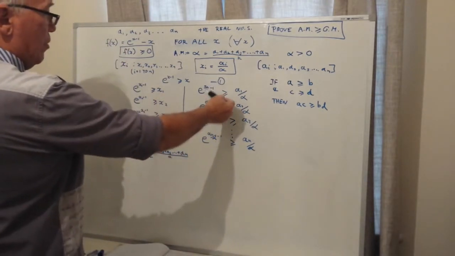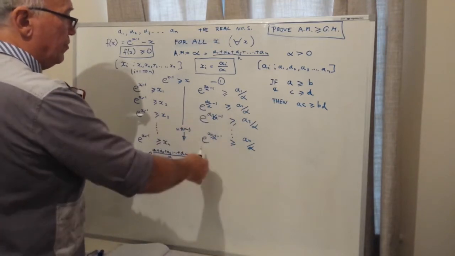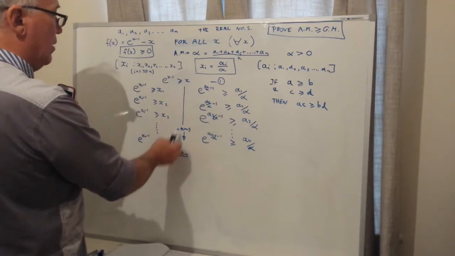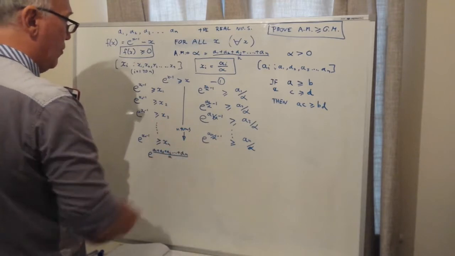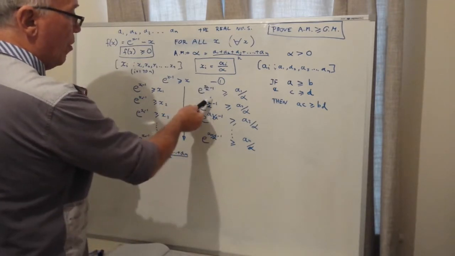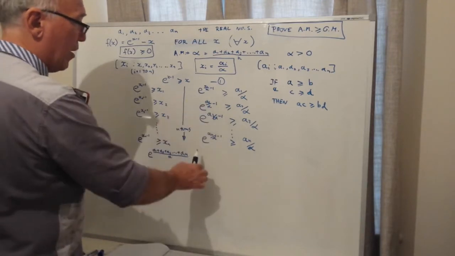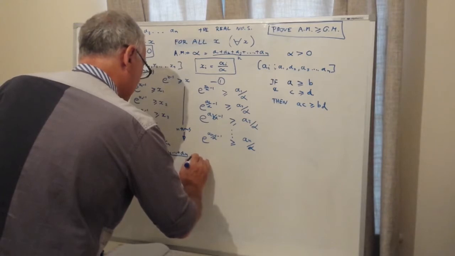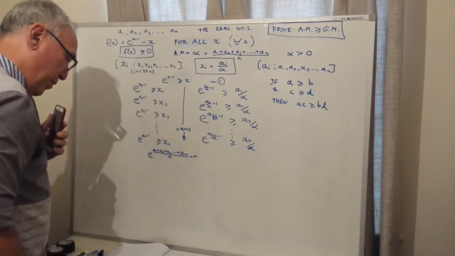So when I multiply all of these exponentials, I add all the exponents. So this is what I'm doing here: A1 over alpha plus A2 over alpha plus A3 over alpha. But of course then we've got all the negative ones there as well. And there are n of those because there are n equations. So therefore that's going to give us minus n. So this is our total exponent for e.